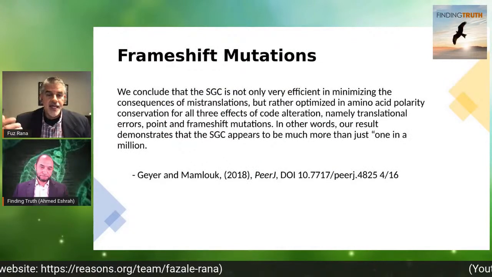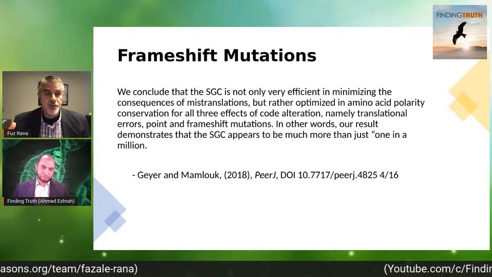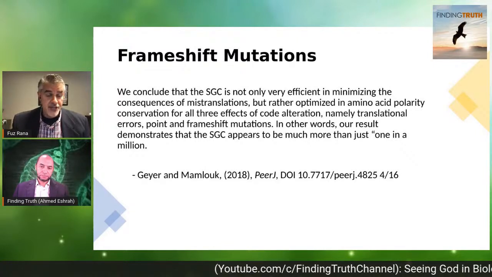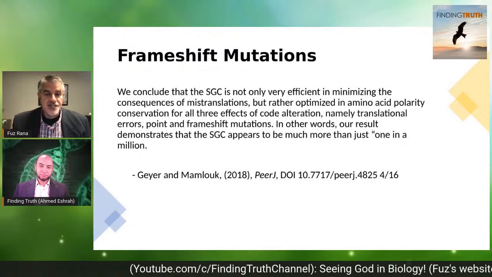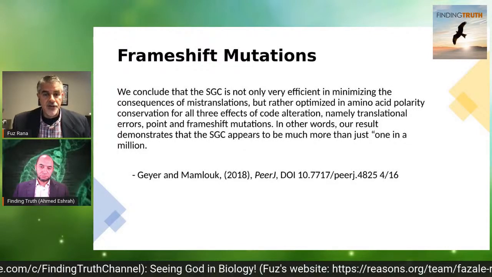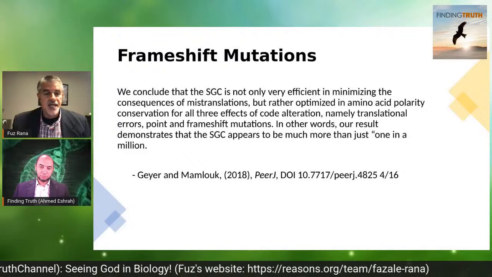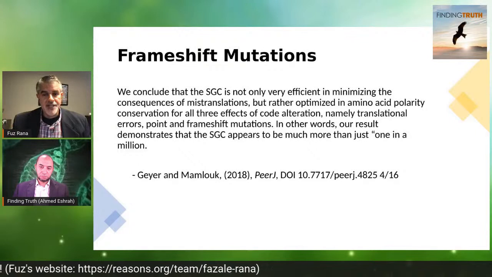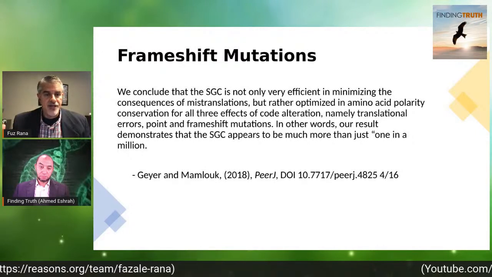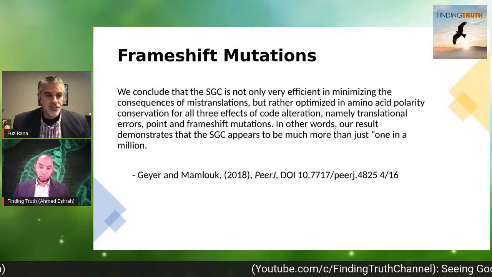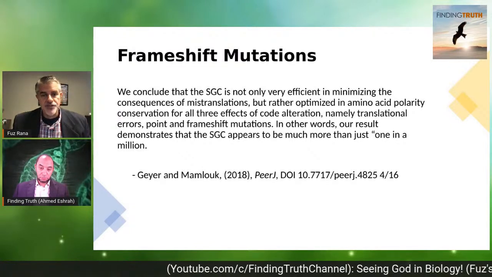And then more recently, a team of researchers did a similar analysis looking at frame shift mutations. And this is what they say in their article: "We conclude that the standard genetic code is not only very efficient in minimizing the consequences of mistranslations, but rather optimized in amino acid polarity conservation for all three effects of code alteration, namely translational errors, point and frame shift mutations.